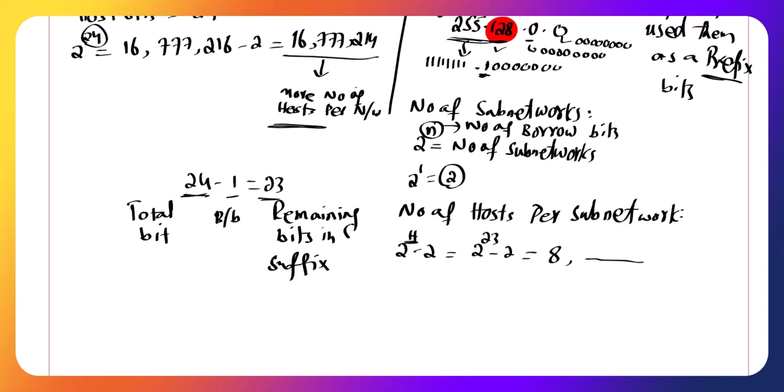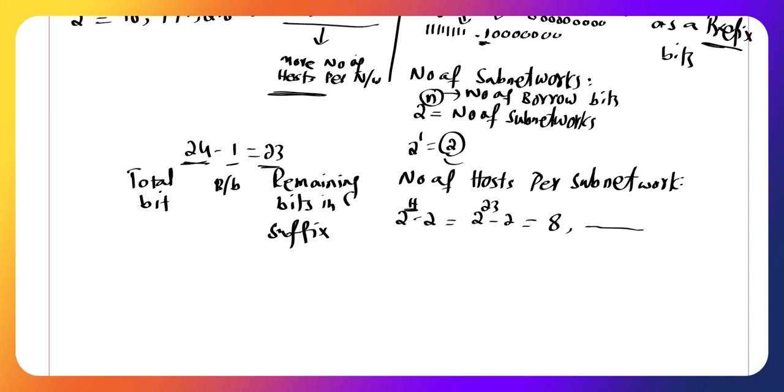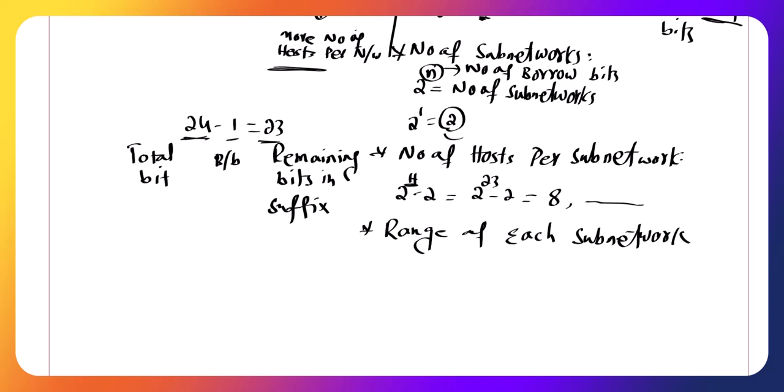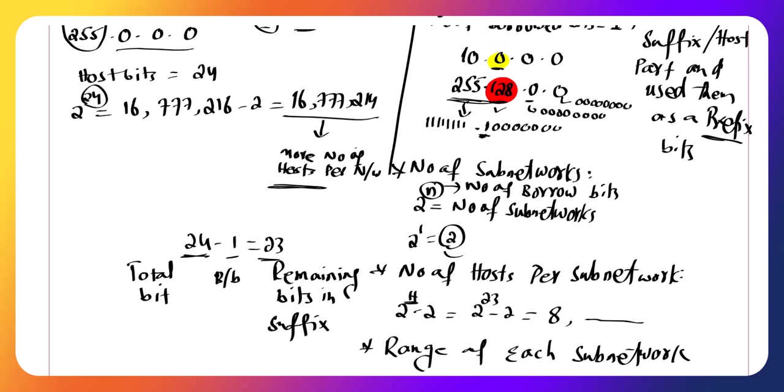Now let's find the range of each subnetwork. It's very simple. In order to find the range of each subnetwork, you have to first identify from which octet we borrow bits. From the second octet we borrow a bit.